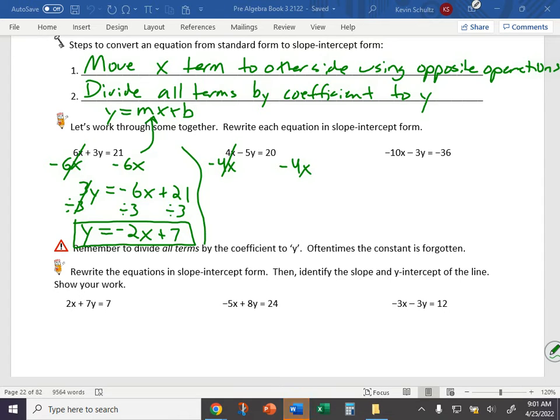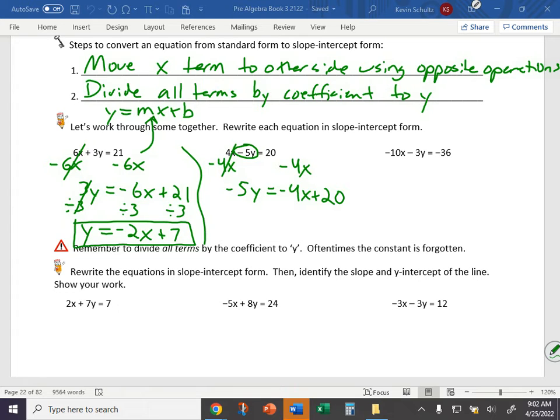Another pretty common mistake here is when you've got that minus 5y, to forget that negative sign is part of it. Okay? So our next line is going to read negative 5y, not positive. Negative 5y equals negative 4x plus 20.